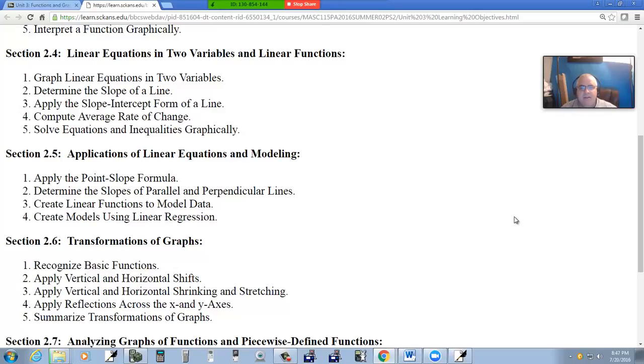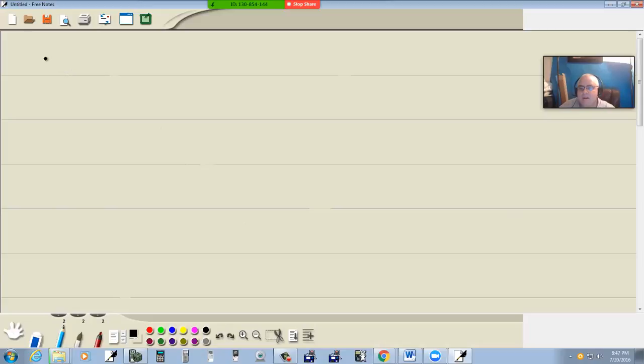The graphing we saw up above, but we'll talk a little bit more about how you can tell a linear equation in 2 variables. We have something called slope. Now slope, actually let me write this down first. Slope is the change in y over the change in x.